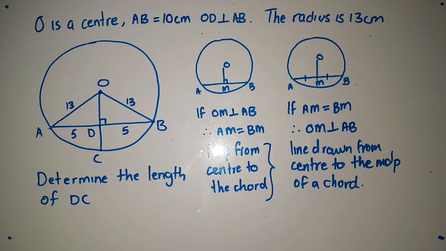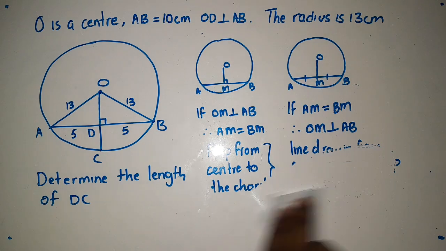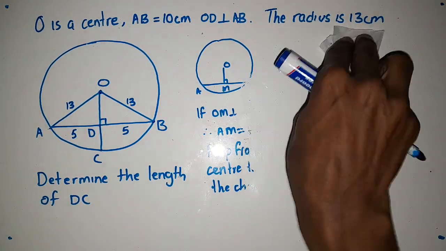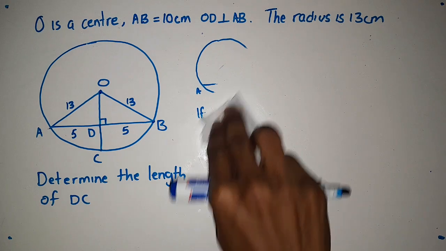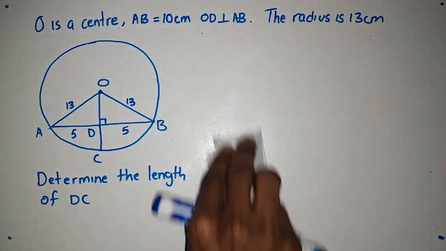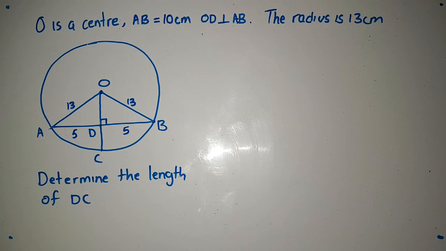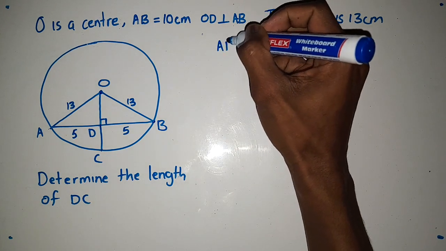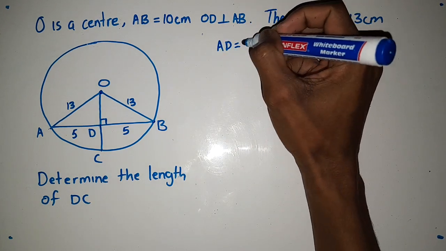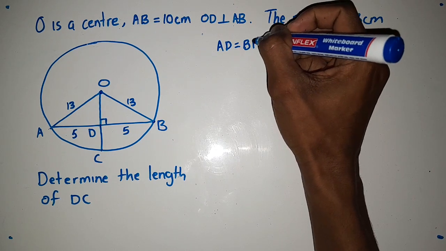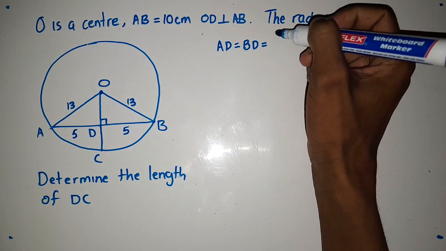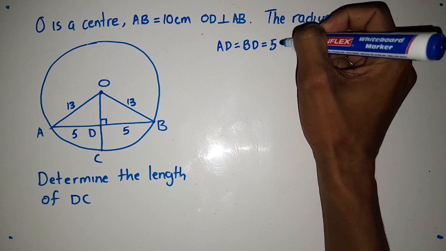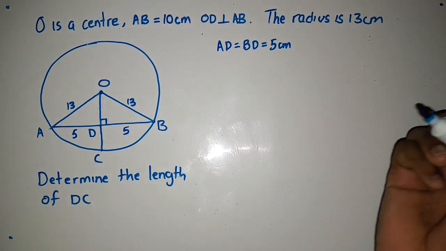Let me erase and write it. We are going to say AD is equal to BD is equal to 5 centimeter.